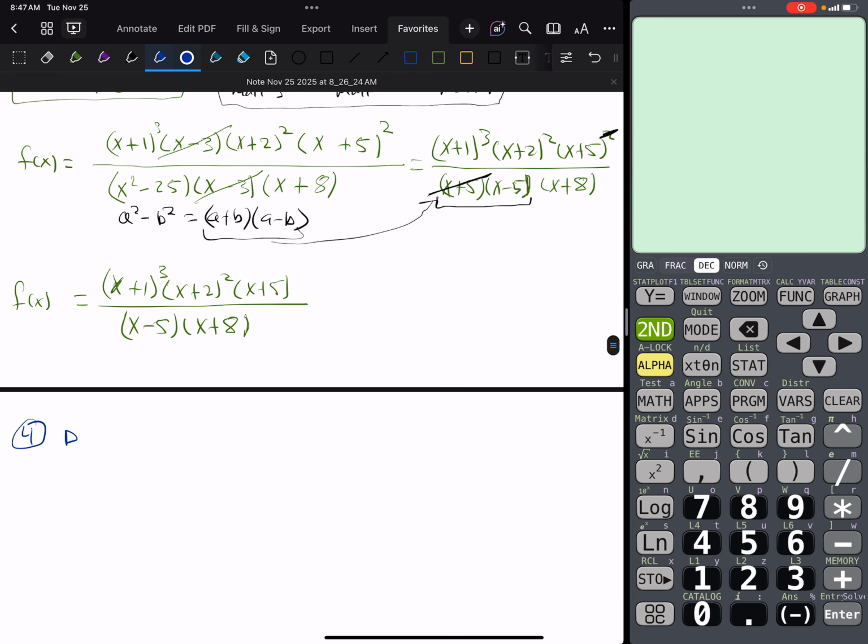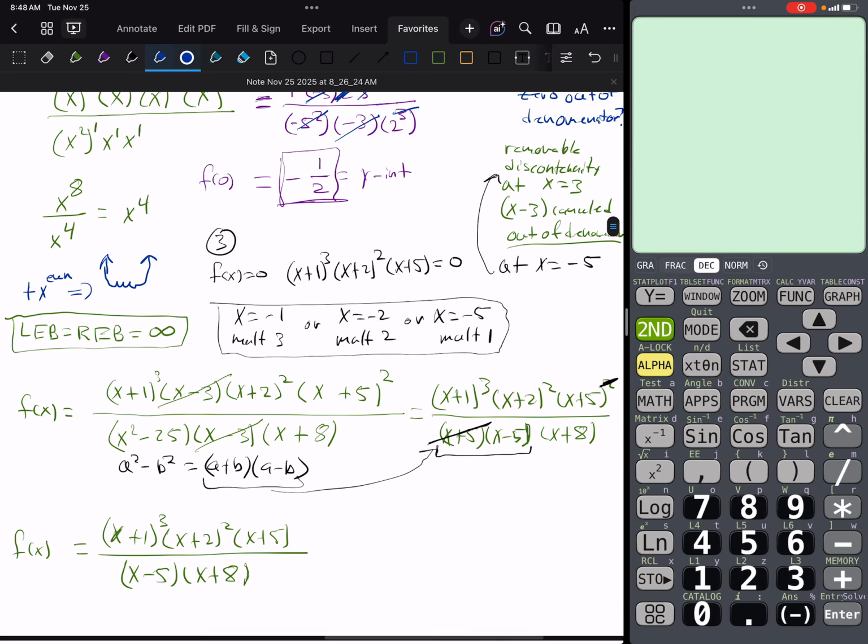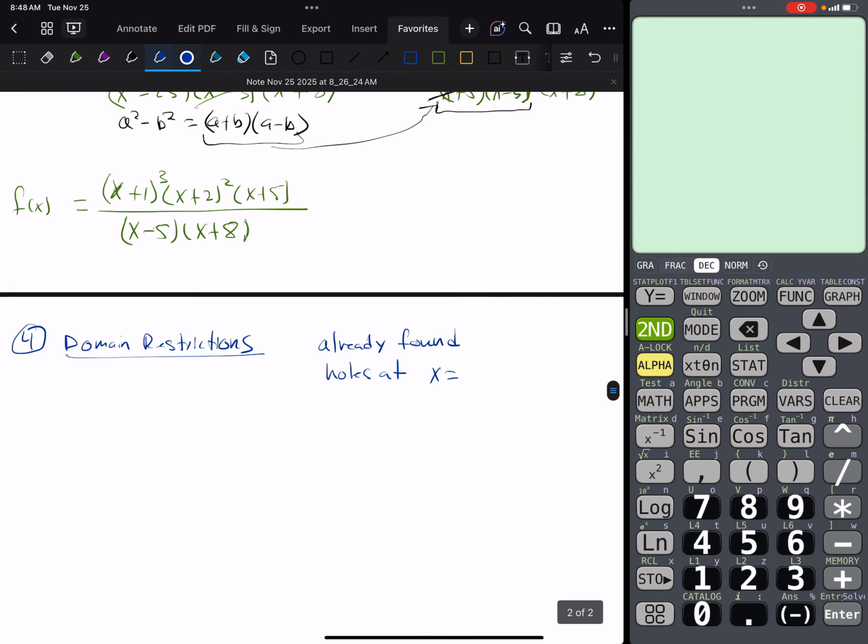And so when I talk about my domain restrictions, I already found that I have holes at x equals, what was it, -3? No, it was +3 and -5. x equals -5 and x equals 3.